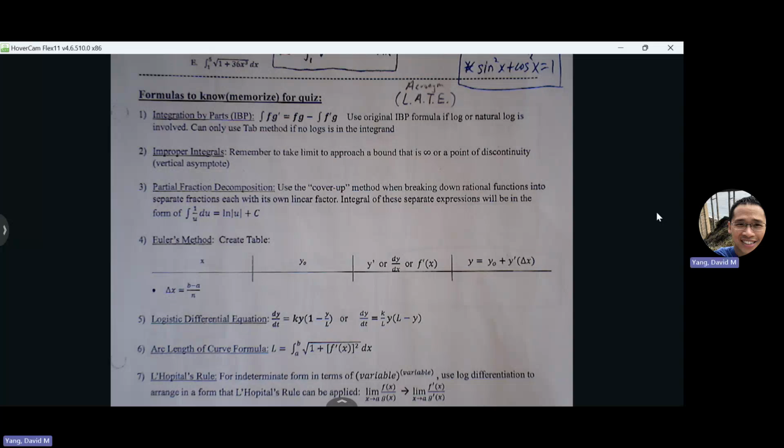So tomorrow's quiz, you get to have a calculator, but I'm going to ask you to show your work. Like I said, if you're just entering in a definite integral problem without showing work, that's not going to earn you full credit. You can have a calculator to double check anything that you want to double check, but to earn credit, I need to see all your work. Any questions about tomorrow's quiz?